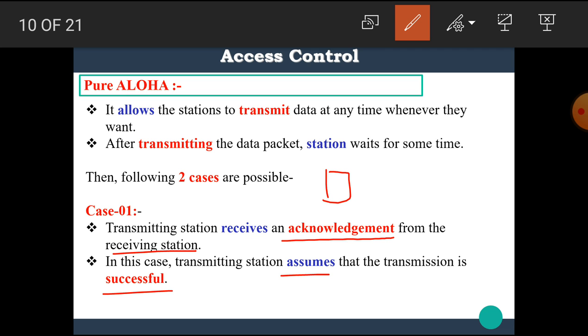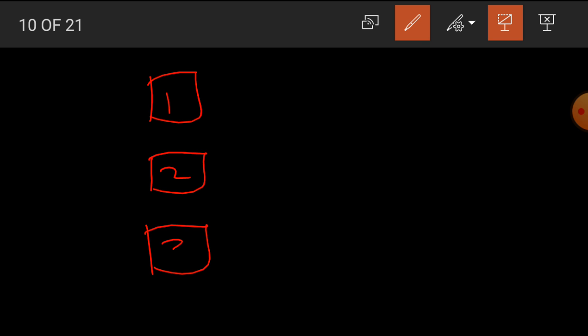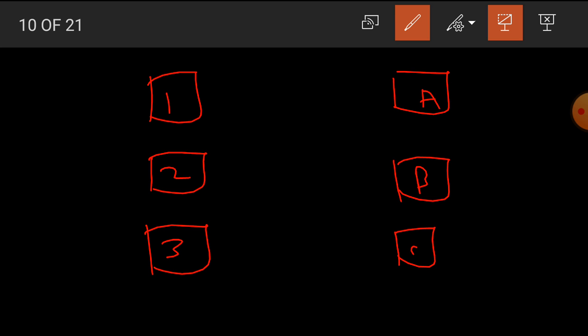Suppose these are the transmitting stations: station first, station second and station third, and these transmitting stations want to transmit the data towards the receiving stations A, B and C. Consider the station 1 has the data, then it transmits the data through the channel towards the receiver A.